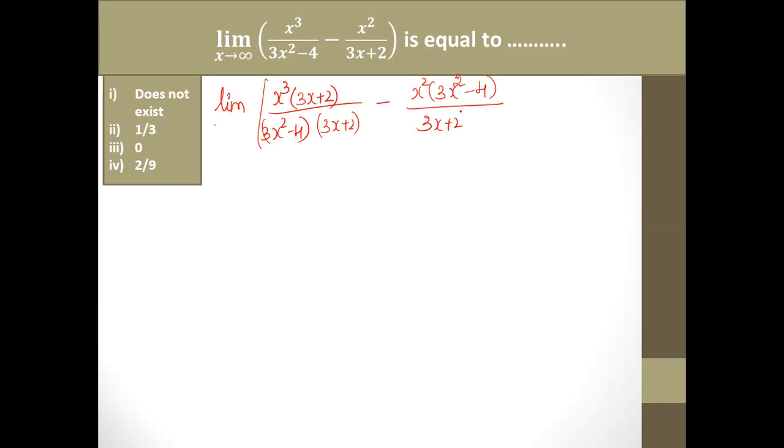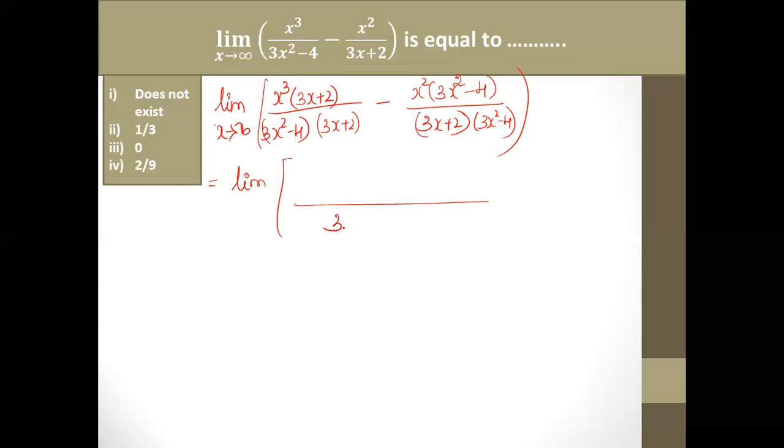Now you can see the denominators are same, so I'll write the denominator once, 3x square minus 4, 3x plus 2. In the numerator, x cube into 3x is 3x to the power 4, plus x cube, plus 2 is 2x cube, minus x square into 3x square is 3x to the power 4, minus into minus is plus, x square into 4 is 4x square, as x tends to infinity.